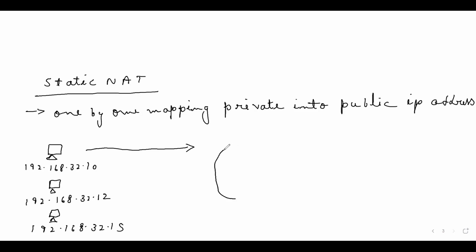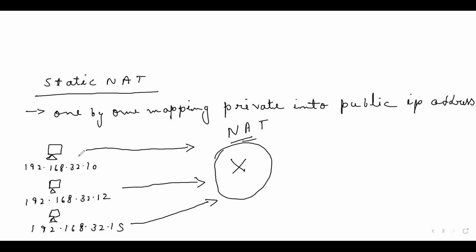There is a router, just making a big router. Now I will apply NAT on my router. This is static NAT, one by one. So first it will convert this IP into a public IP.